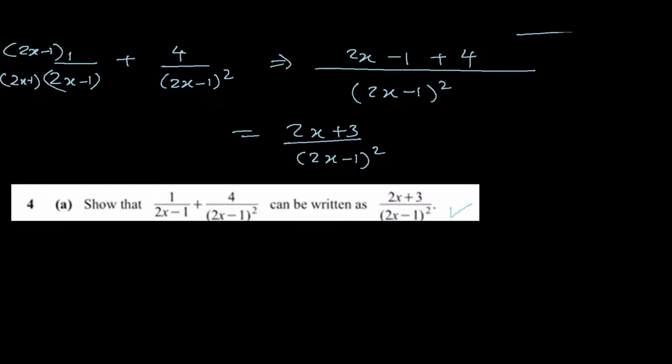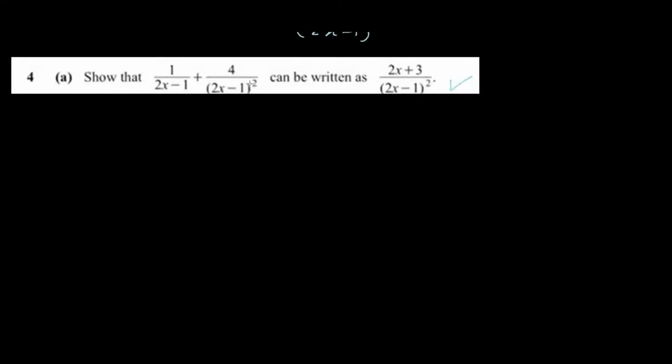I don't know how many marks this was, I did not copy that. Anyway, find the integration of this from 2 to 5. Is it exactly the same? Yes, it is 2x plus 3 over 2x minus 1 squared, so no change. That means in place of the question, we can write the integration of this one.